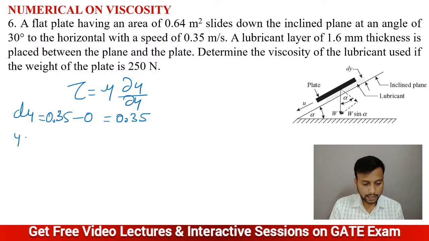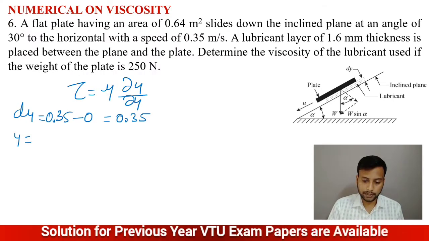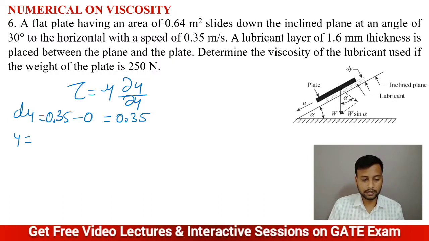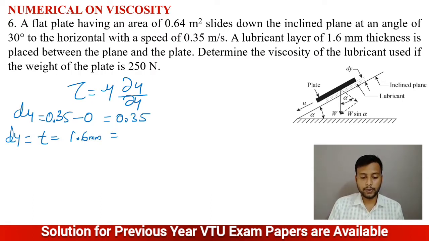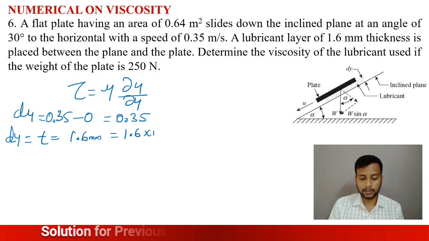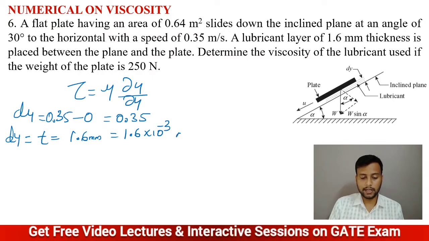Similarly, y is nothing but the distance between the plane and the plate. So the thickness of the lubrication oil is the dy. It is 1.6 mm, so we need to convert into meters, that is 1.6 into 10 raised to minus 3 meters.